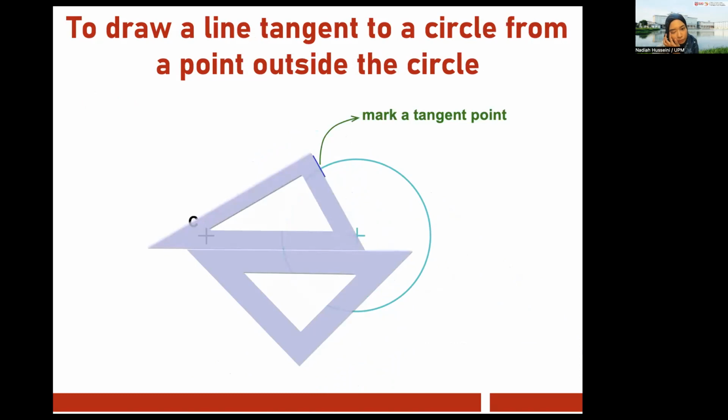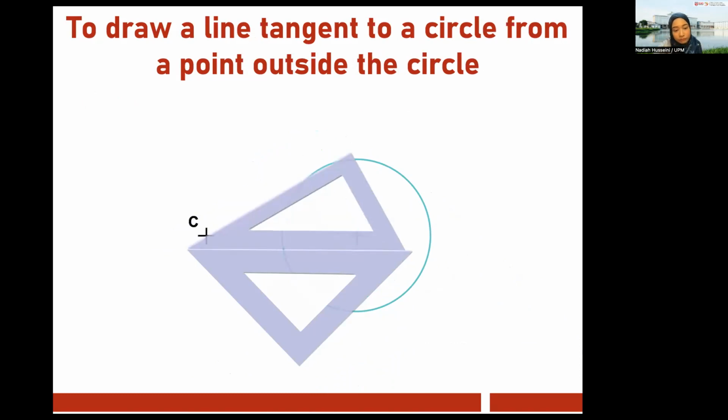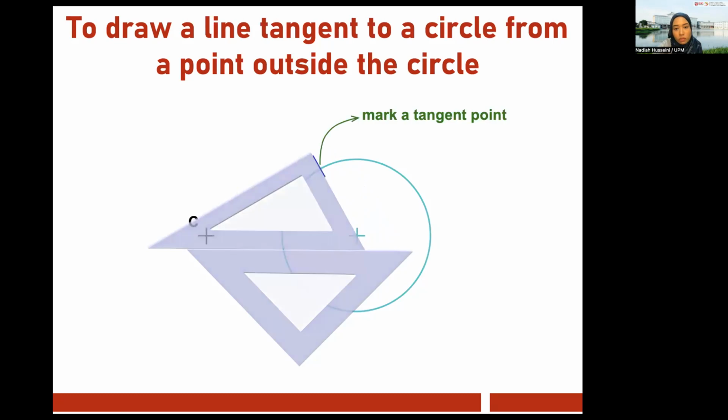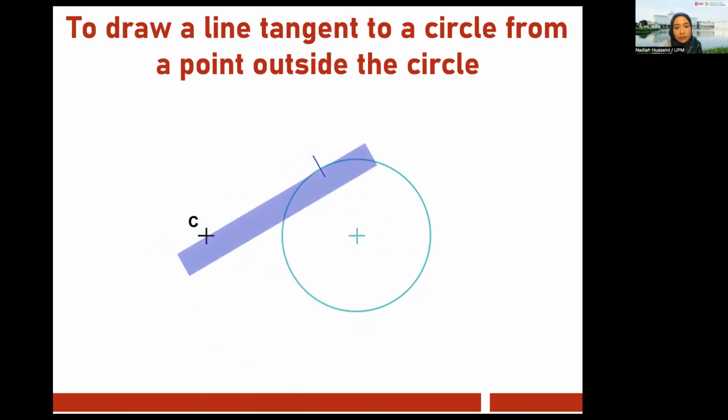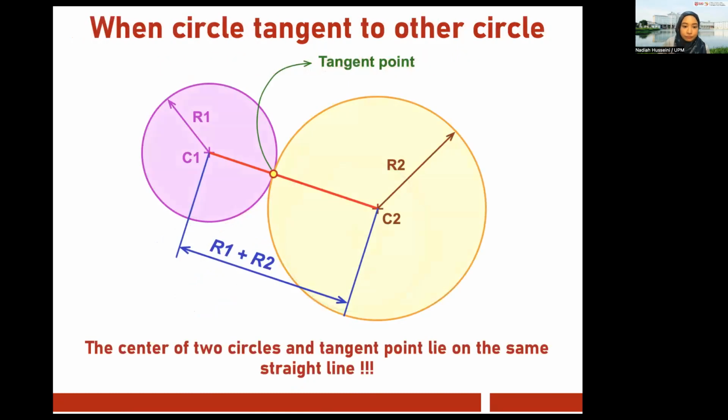Okay, how do we draw that tangent point? Make sure you have a line that is connecting C to any place on the circle, it's kind of random. Mark a tangent point and then just use a ruler. Very easy, really boring. Okay.